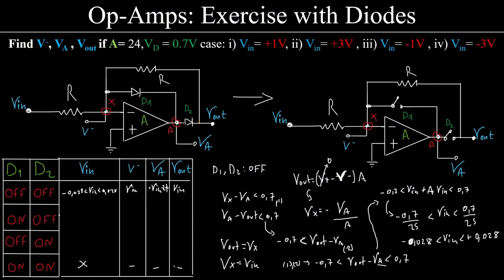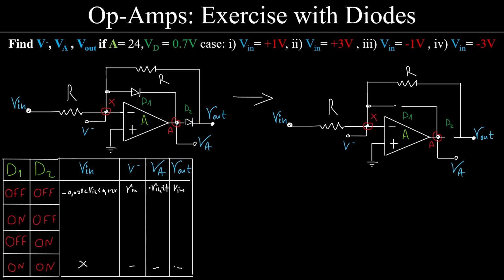Alright, we are ready to move, let's say, on this case where D1 is on and D2 is off. Now for that case, D1 is on, so it will be a battery. D2 is off, it will be represented by an open circuit. First things first, I notice that no current flows from here to here, so Vout will be equal to Vx, like before.